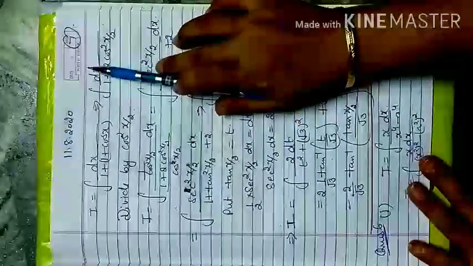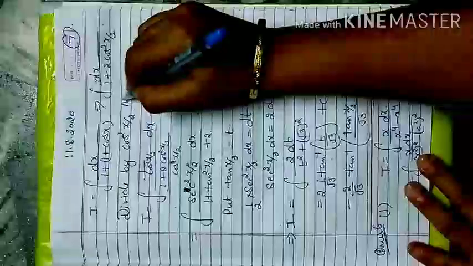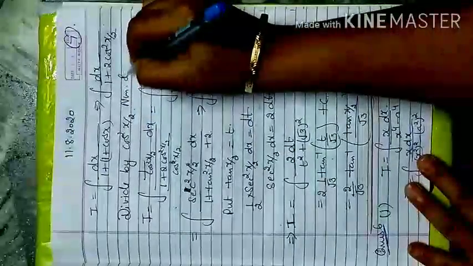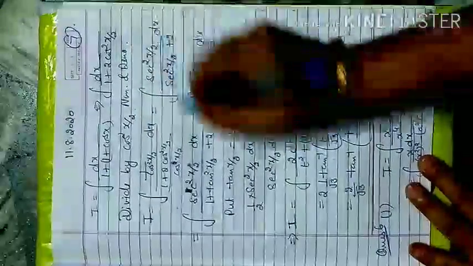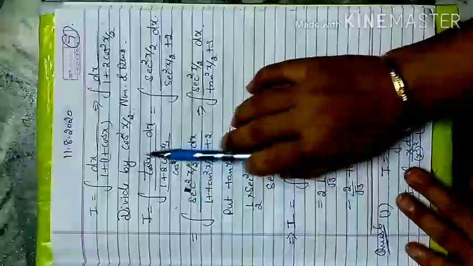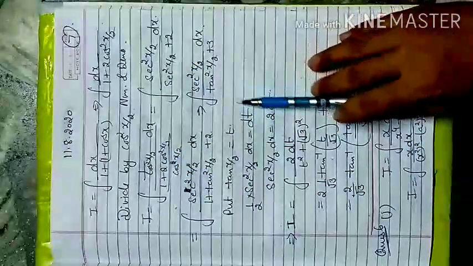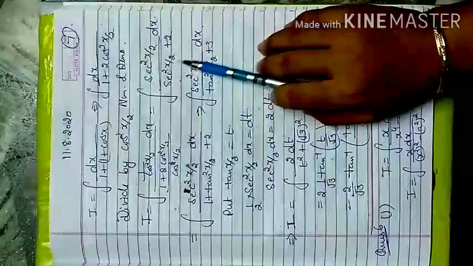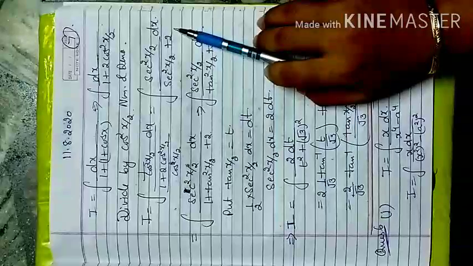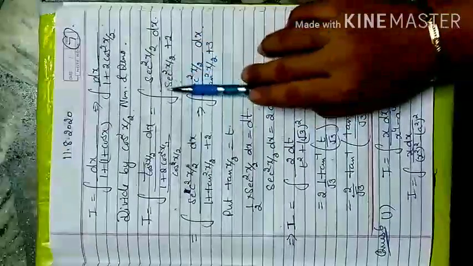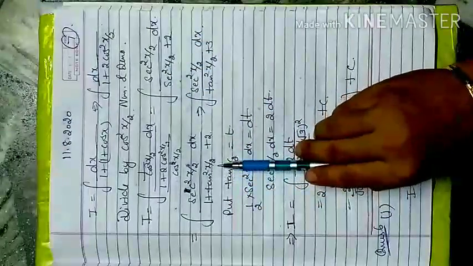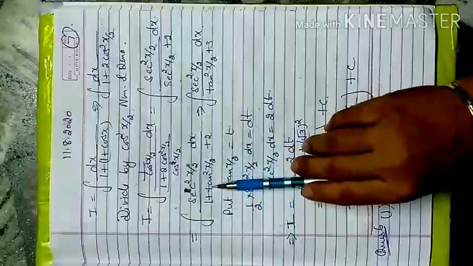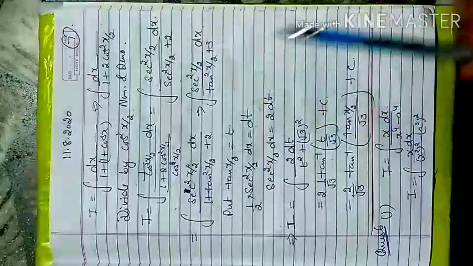So I divide both numerator and denominator by cos square x by 2. The numerator becomes secant square x by 2 and the denominator becomes secant square x by 2 plus 2, but I need tan in the denominator. So I apply the identity here, 1 plus tan square x by 2, and this becomes tan square x by 2 plus 3.